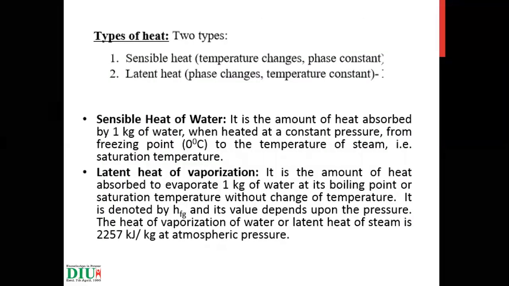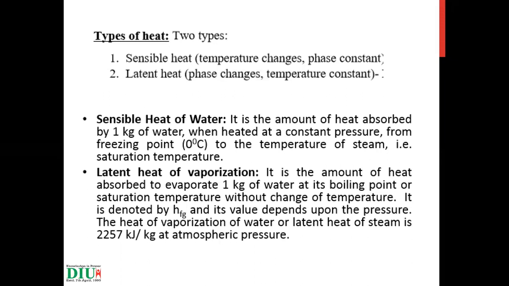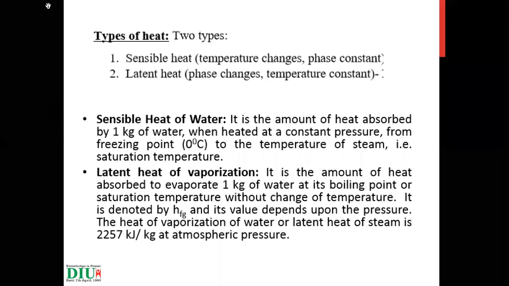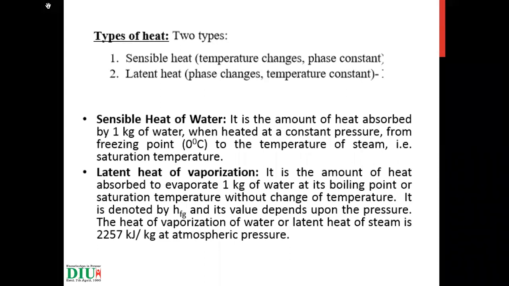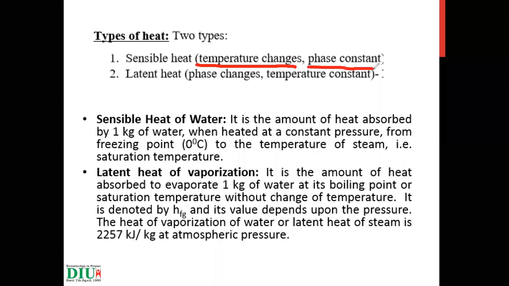There are two types of heat we also discussed: one is sensible heat, one is latent heat. In sensible heat, the temperature changes but the phase is constant. Phase constant means the state of the material remains the same. If it is liquid, it will remain liquid. If it is solid, it will remain solid.